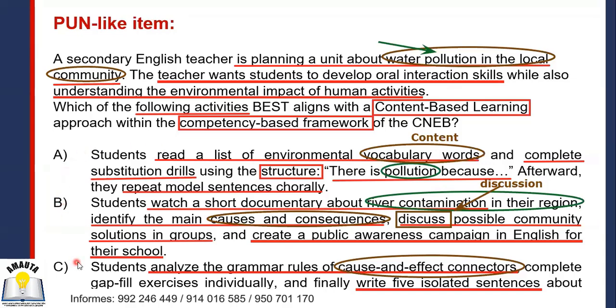What about C? Letter C is another distractor. There is grammar analysis here, and they complete the task. They produce isolated sentences, but students are not producing authentic communication. They are not working in a collaborative way. They don't interact between them.